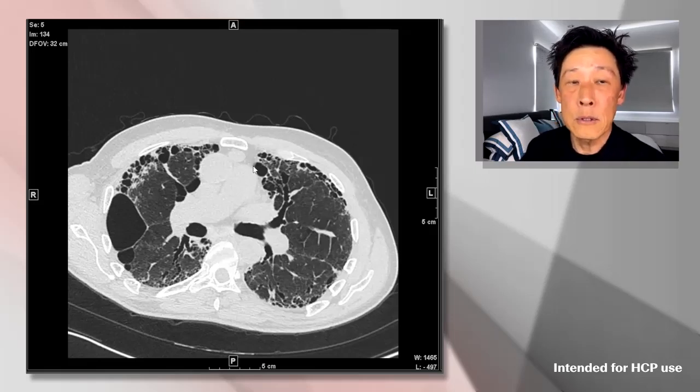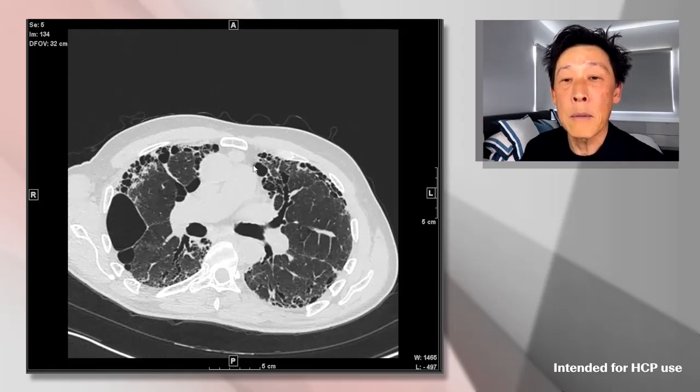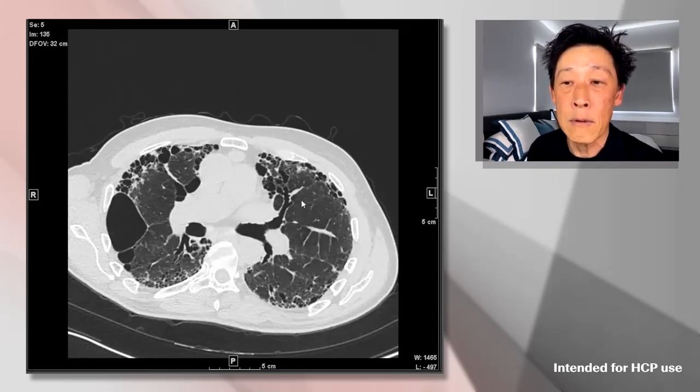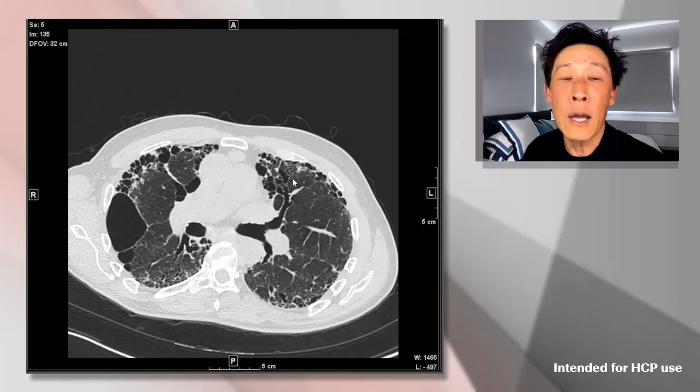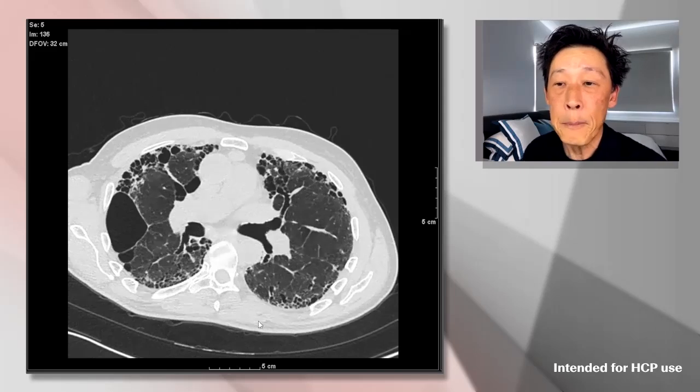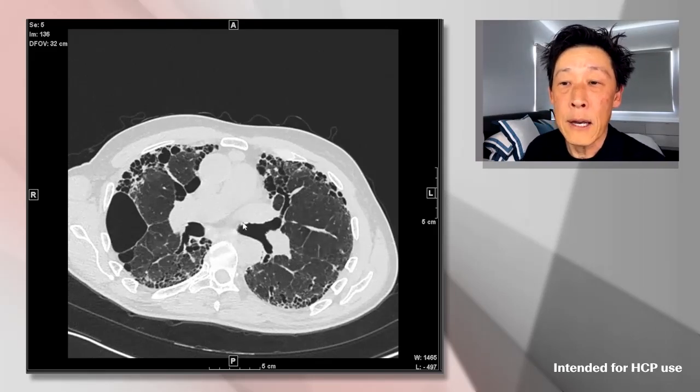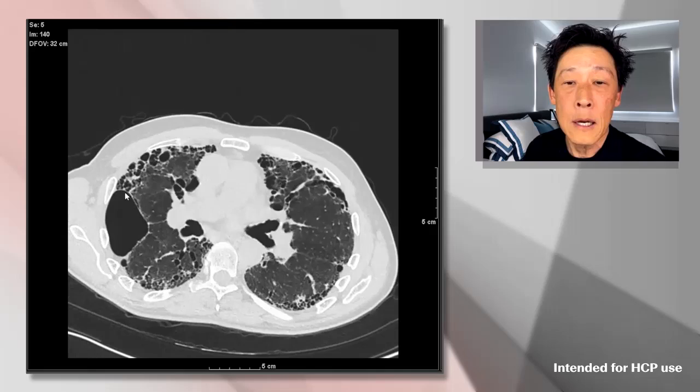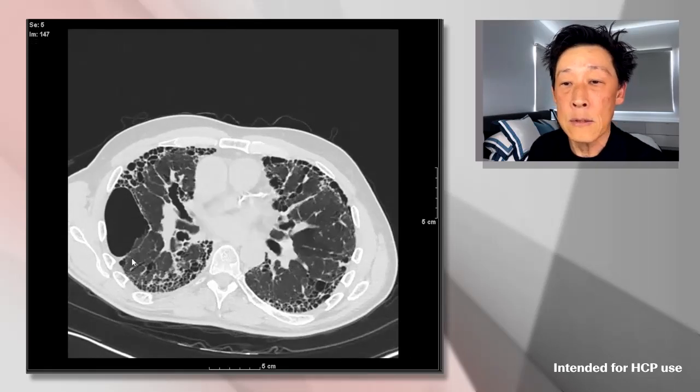So when we put two and two together, we should be thinking about traction changes of the airways, or traction bronchiectasis and bronchiolectasis. Another clue is that despite how abnormal this airway is, it's not particularly thickened. And so that steers us again away from an airway intrinsic cause of the airway dilation. We can see some very nice honeycombs, and we also see some cystic changes within the lung itself as well.